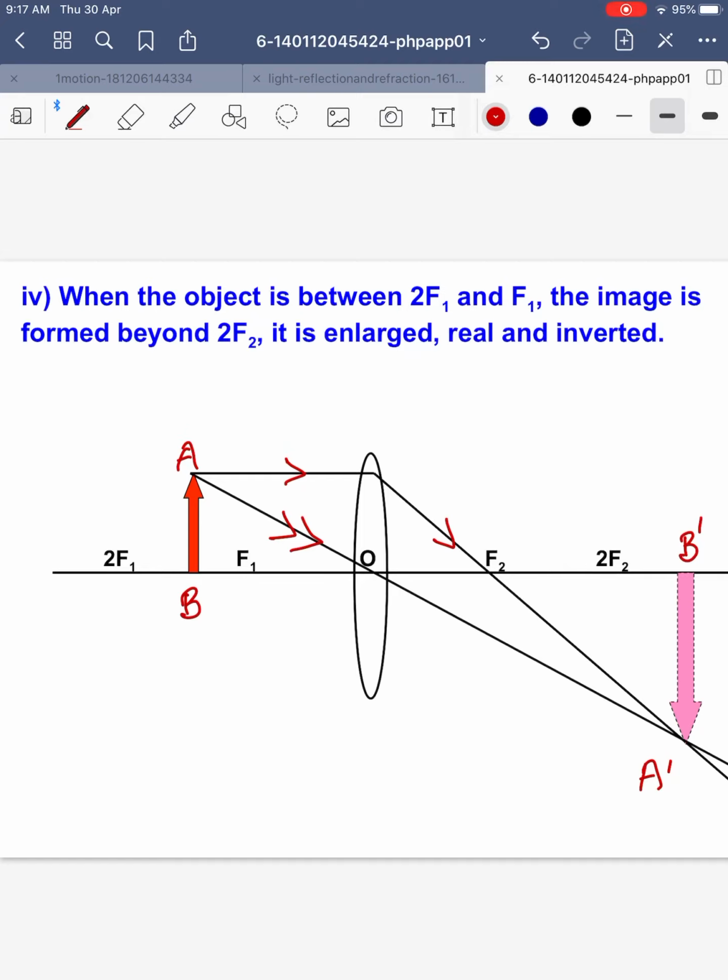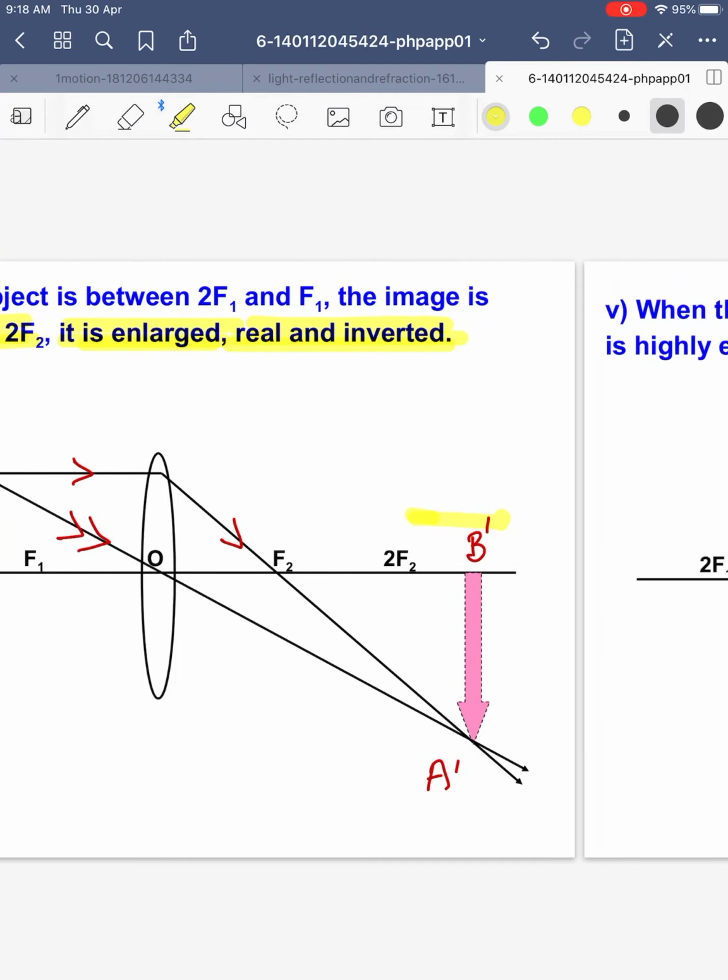So A dash B dash is the image of object AB. Image is formed beyond 2f2 here. It is enlarged because it is larger in size as compared to the object, and it is real and inverted. So far in case of convex lens, in all the cases image formed is real.